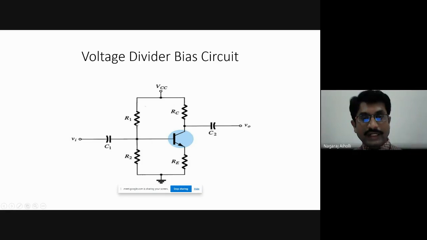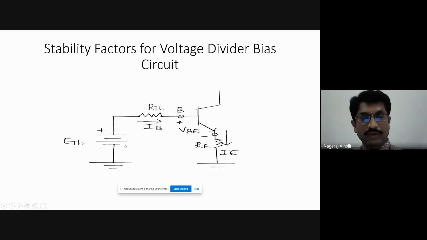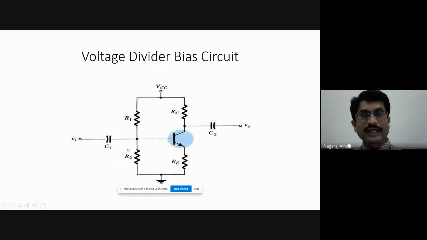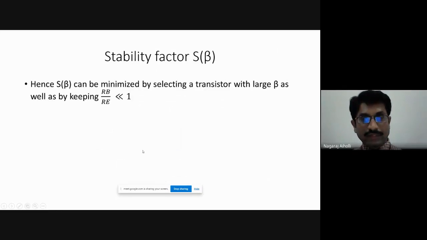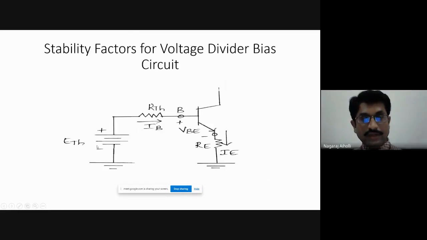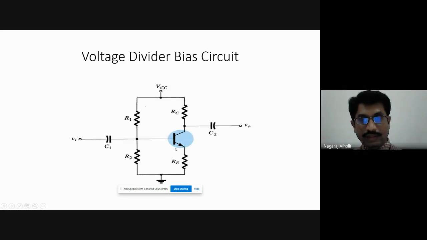And we got RTH, R1 parallel R2, as RTH here. Then the Thevenin voltage, the equivalent voltage at the input side, we got as ETH when we were analyzing the voltage divider bias circuit. So it is VTH or ETH, then RTH, VBE, this portion, the input portion.